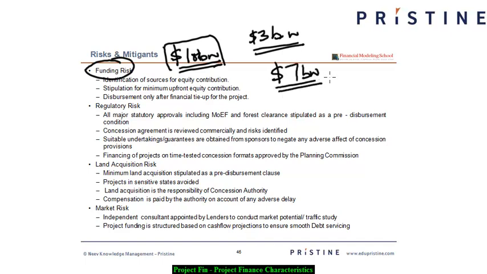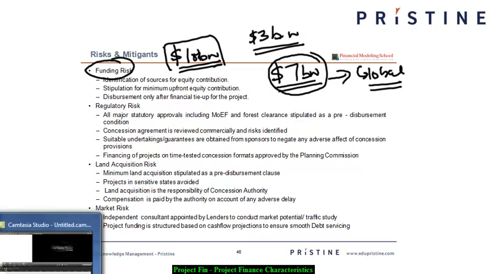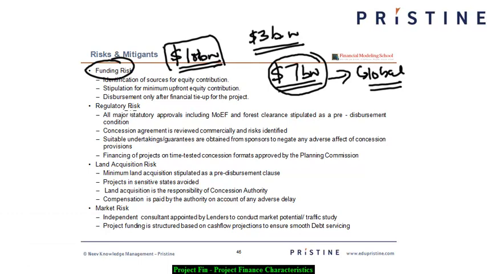Obviously, this kind of debt usually would require global finances to be there, and in case the SPV is not able to get this kind of funding, the project might be in trouble.